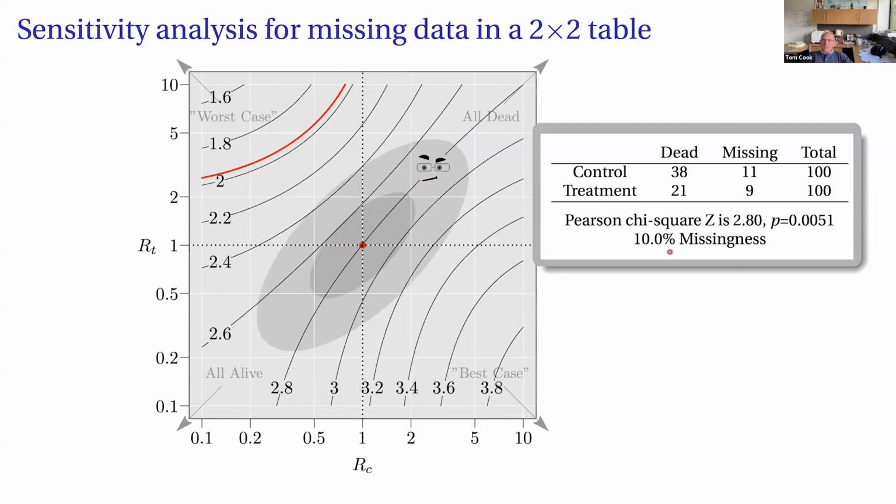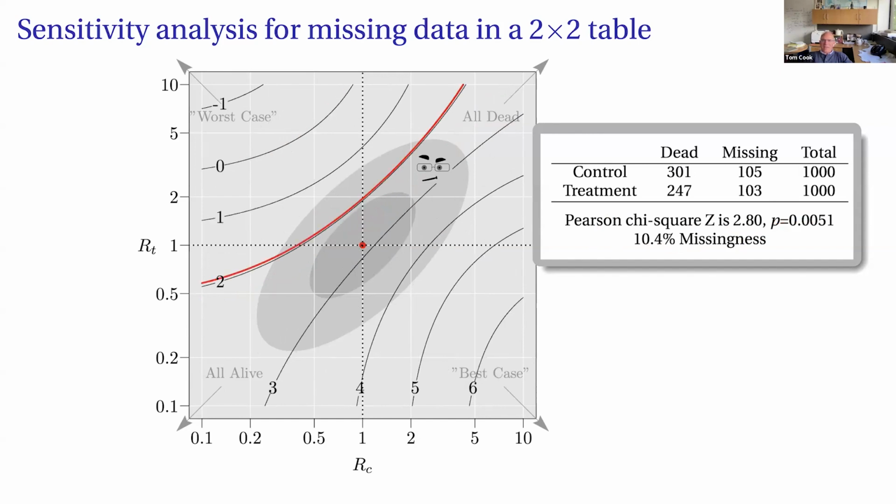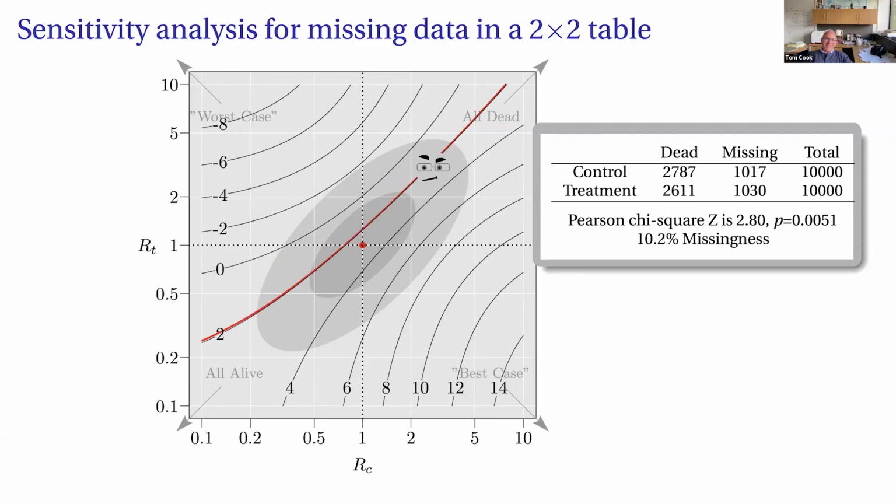Here we have 10% missingness and 100 per group, same Z and same P. Both are robust with respect to the skeptic and the optimist. If we increase our sample size to 1,000 and see the same Z and same P, the skeptic says, oh, you lose, and the optimist wipes his brow and says, oh, we just barely won. At 10,000 people, it's game over.